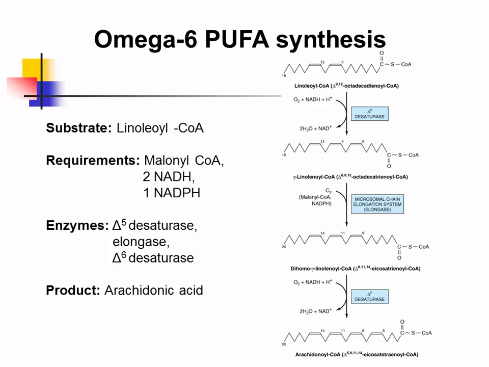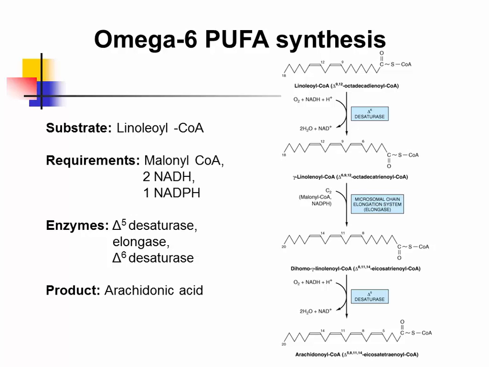And then the second desaturation, you add the double bond between this carbon. So again, the substrate is linoleic acid and it requires malonyl-CoA as the carbon donor, like we talked about earlier in the fatty acid synthesis pathway, a similar pathway.